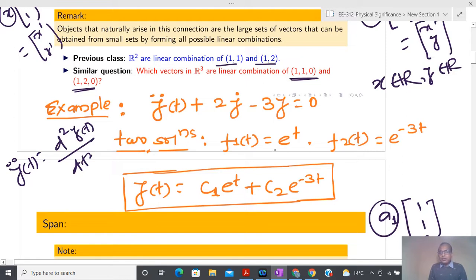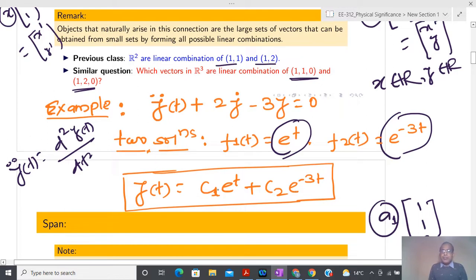So if I know this solution and this solution individually, what does it mean? The solution of the differential equation is again a linear combination of some functions.